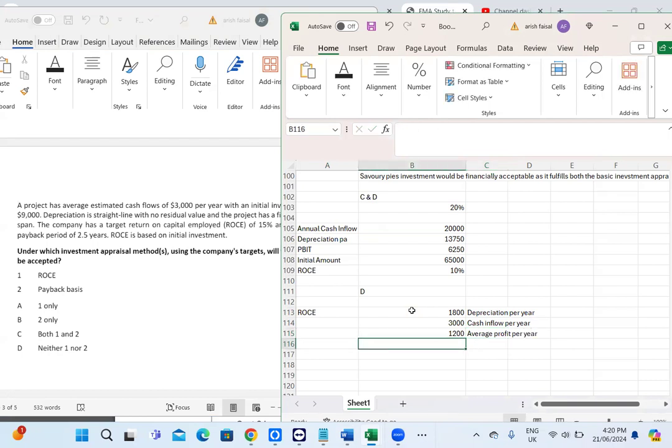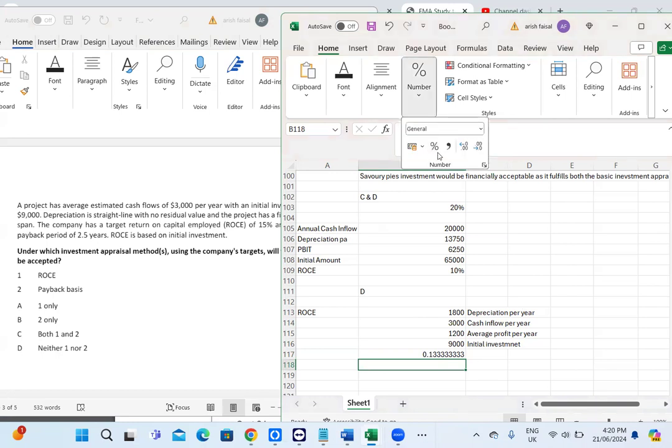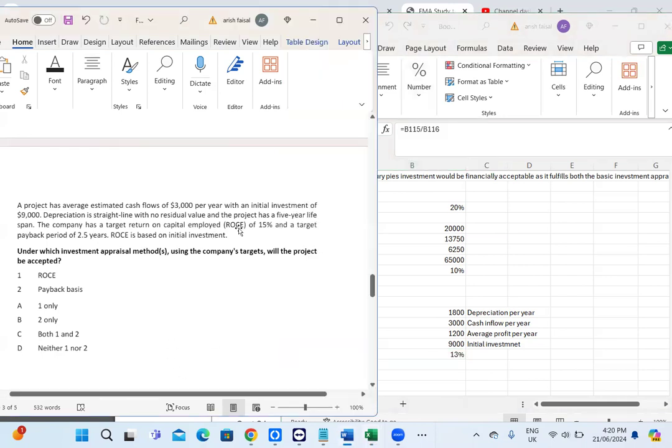As the invested amount is 9,000, and the question says you have to calculate the ROC based on the initial amount invested, in this case the ROC will be 13 percent, which is below the target of 15, and therefore you are not supposed to accept this investment. It doesn't meet the criteria because it's less than 15. We have a target of 15.